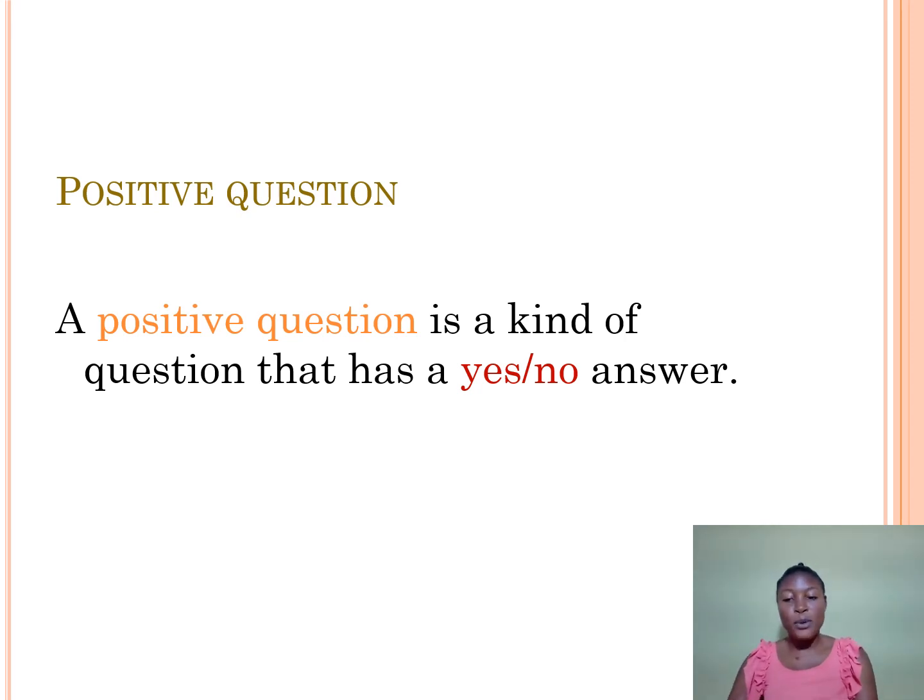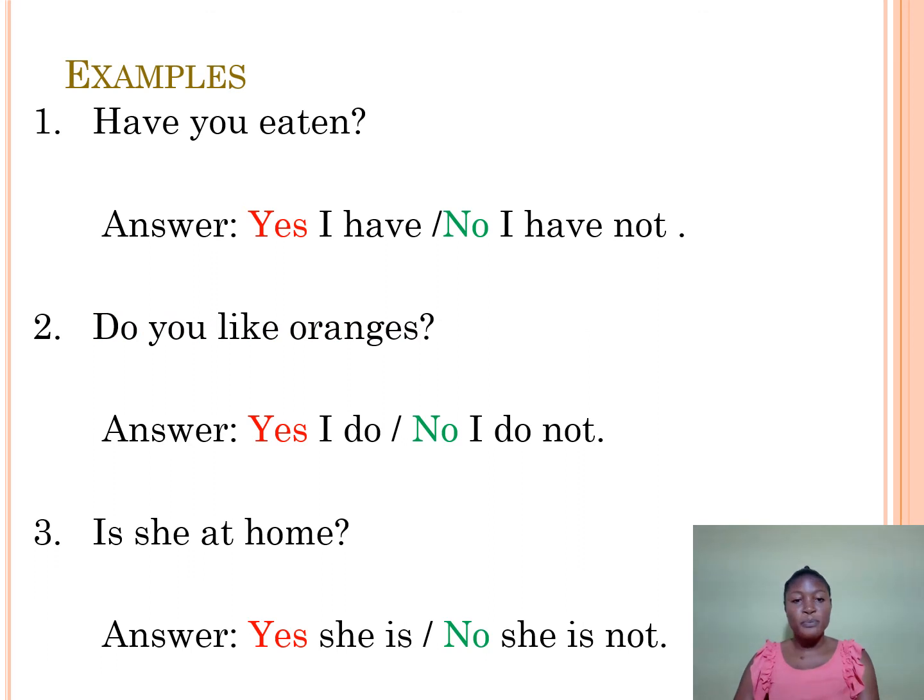Let's look at examples of a positive question. 1. Have you eaten? And you can answer by saying yes, I have, or no, I haven't. 2. Do you like oranges?